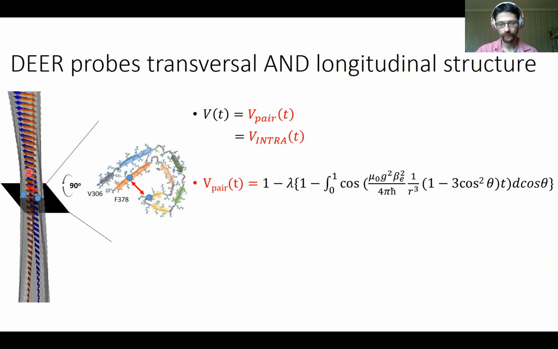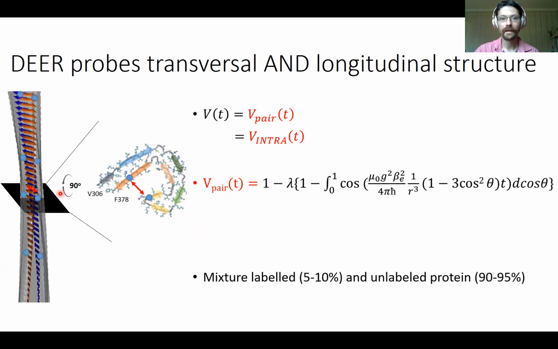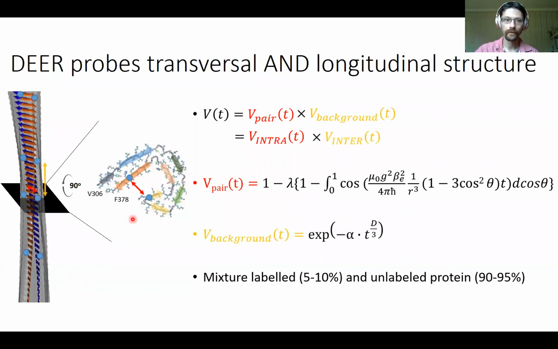So the way in practice we do that is by using a mixture of a small amount of labeled protein and unlabeled protein before triggering aggregation, so that the labeled protein gets diluted along this axis here, and you mostly measure this intramolecular distance. And when you do that, obviously you still have those inter-pair interactions, which we often call background because you don't want it, and so then you background correct and you remove it so that you're left only with your dipole coupling from the intramolecular distance.